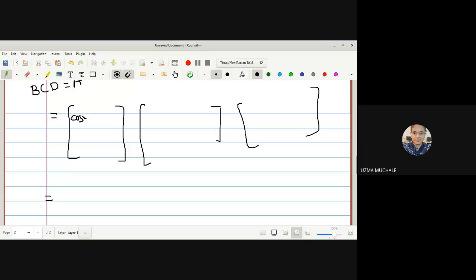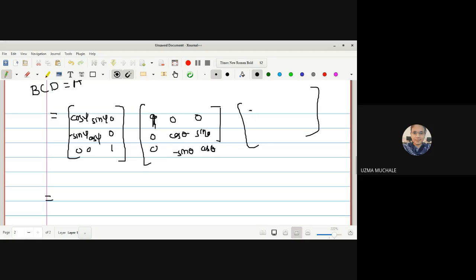I will write here cos psi, sin psi, 0, minus sin psi, cos psi, 0, 0, 0, 1, since it is a rotation as we are fixing the z-axis. And here it is 1, 0, 0, then cos theta, sin theta, minus sin theta, cos theta.